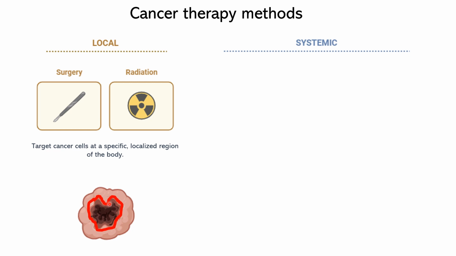If the cancer is like that, then surgery and radiation will be one method to offer to the patient for treatment. And usually for benign tumors, where the tumor is very confined and restricted to one area, surgery is enough to cure the patient.